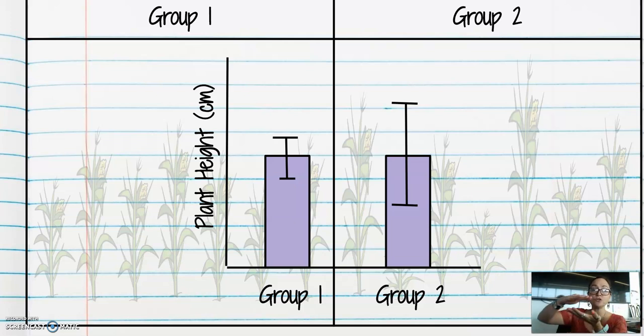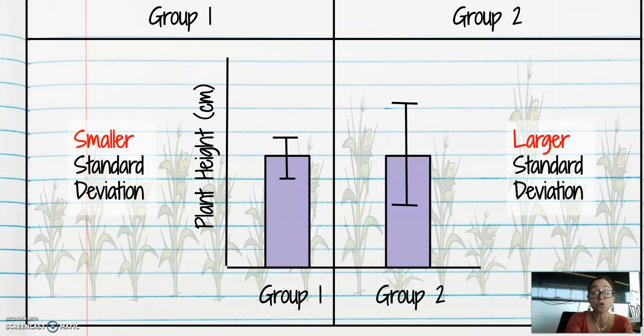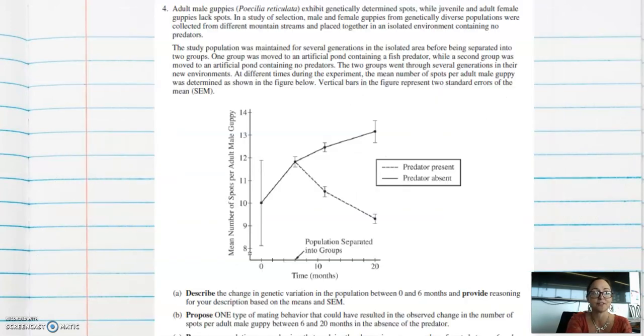When you look at group 2, with the larger standard deviation bars, you can see that there's more variation in our data to get to that average. So that's helpful when you're looking at results of experiments. You can make inferences about that sample based on these error bars.